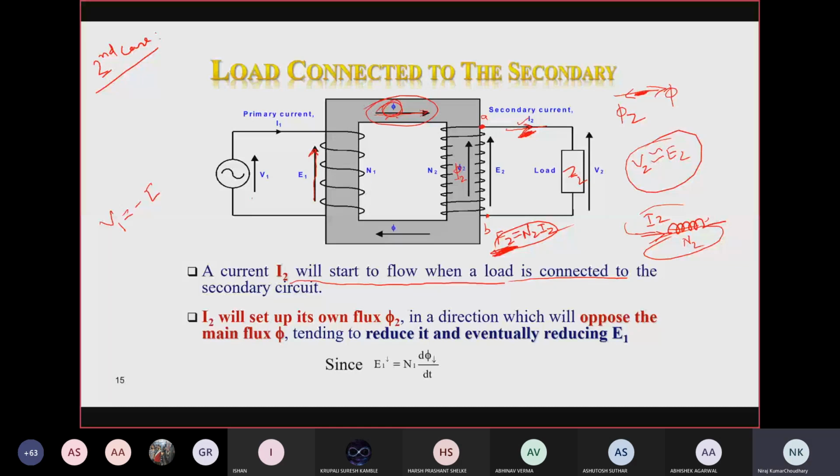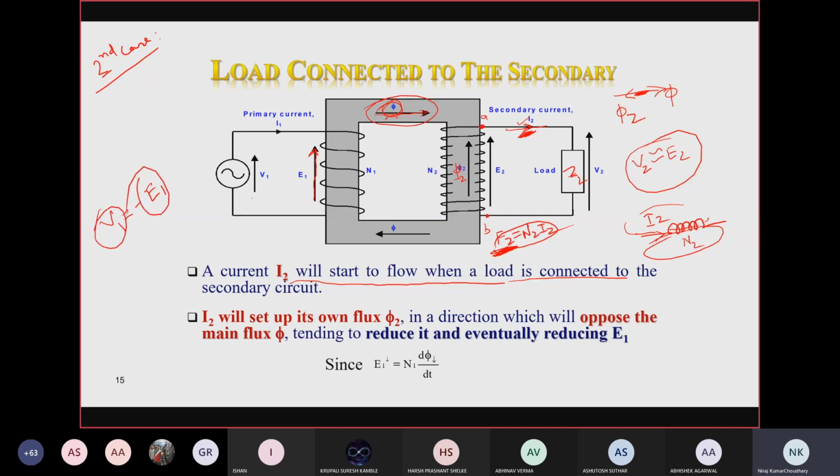ठीक है? So if the applied voltage V1 is constant, because that is your applied voltage, उस पे हमारा कोई control नहीं है. If your applied voltage V1 is constant, therefore E1 and the mutual flux phi in the core must remain constant. अगर V1 constant है तो E1 constant होना चाहिए. और E1 कब constant होगा?